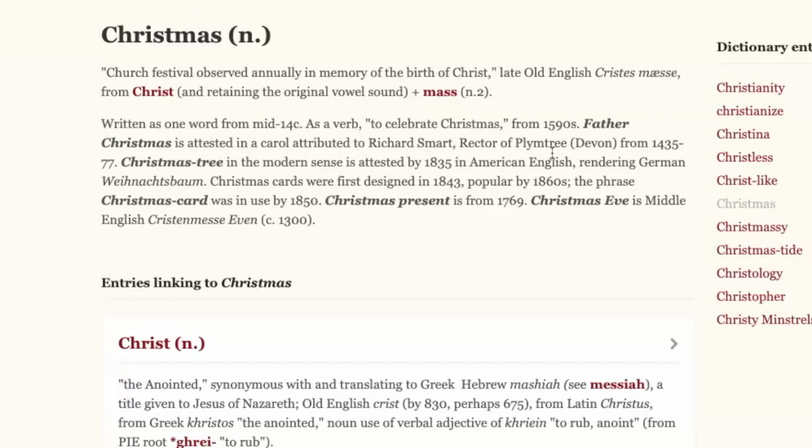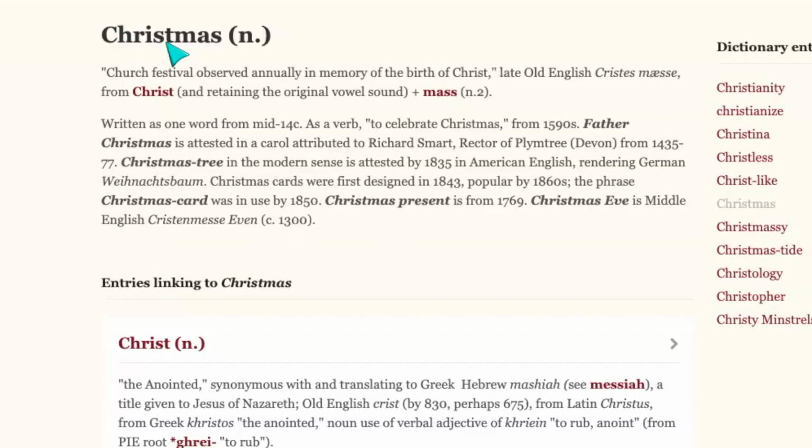Father Christmas came in 1435-ish. Christmas tree, 1835. Christmas cards were first designed in 1843 and popular by the 1860s. Christmas Eve comes from Middle English, circa the 1300s.